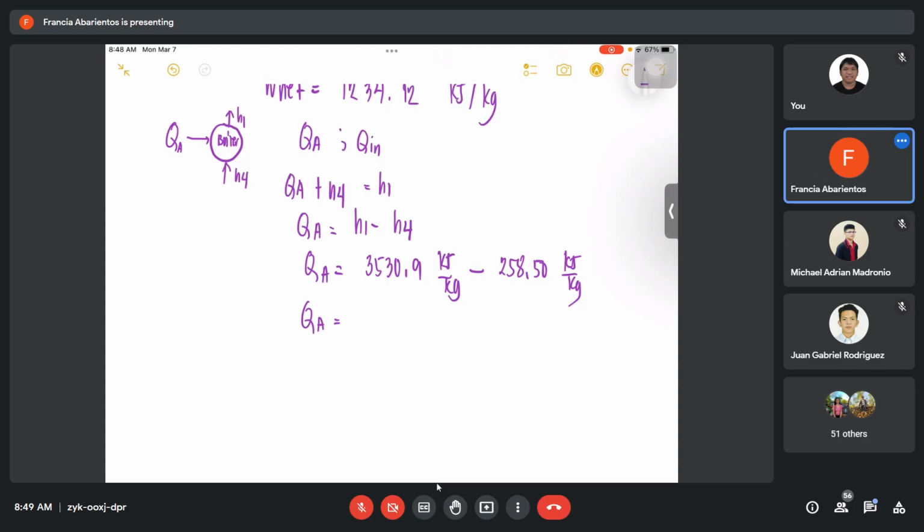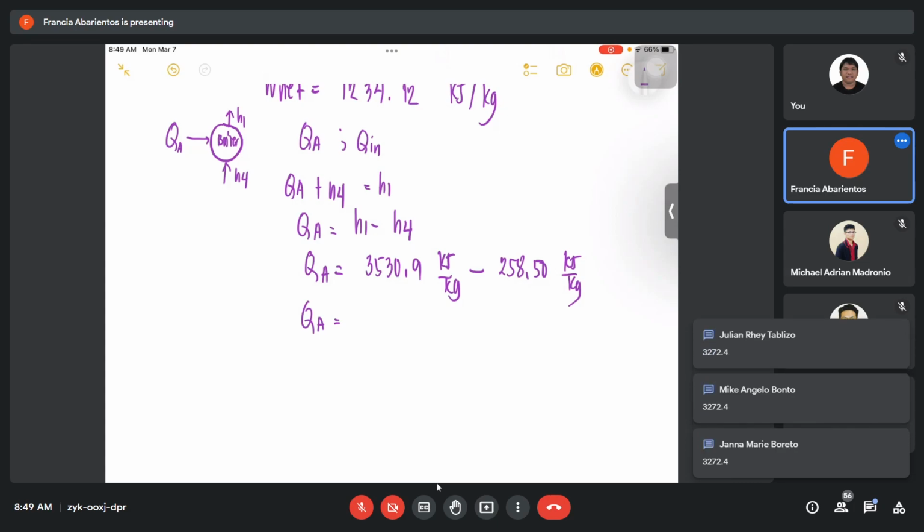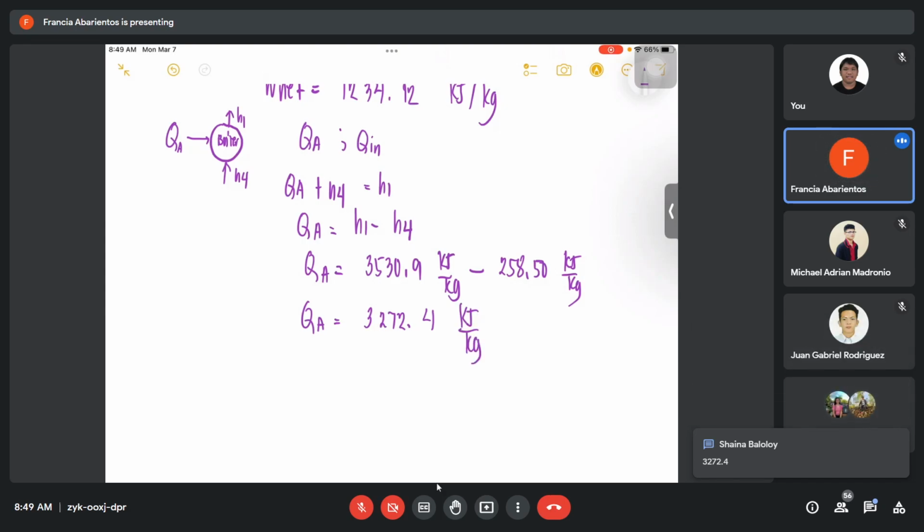What is now the answer? 3530.9 minus 258.5. Yan. We have 3,272.4 kilojoule per kilogram. Yan, nakuha na natin.